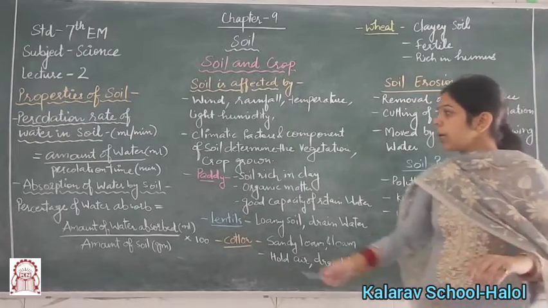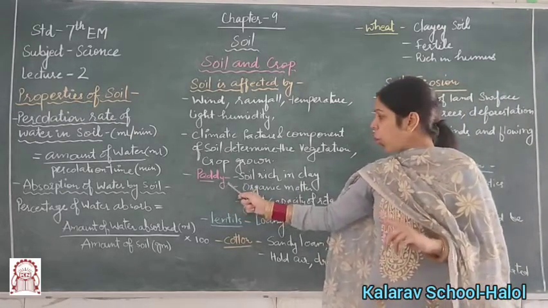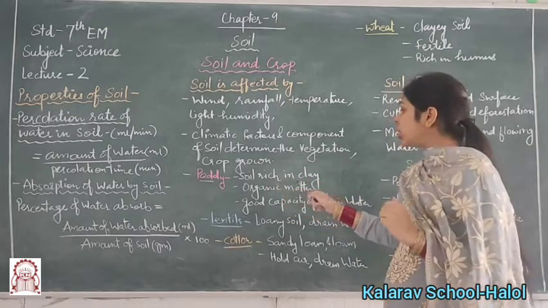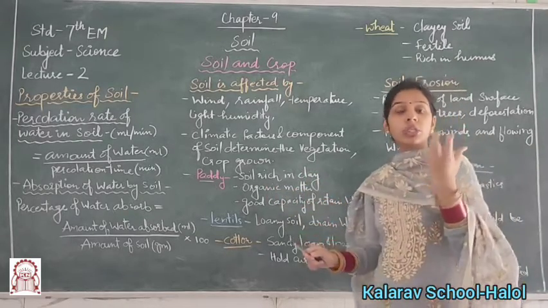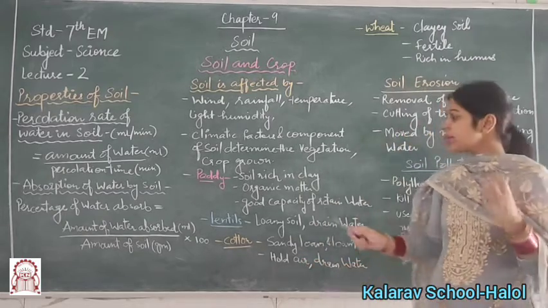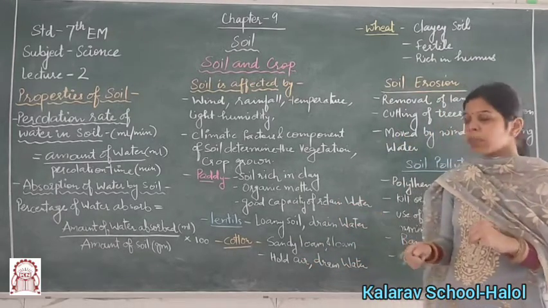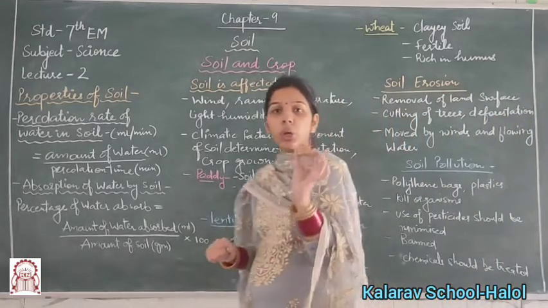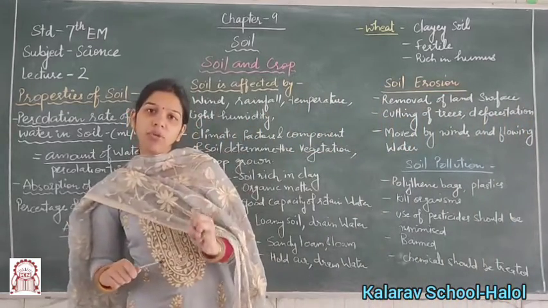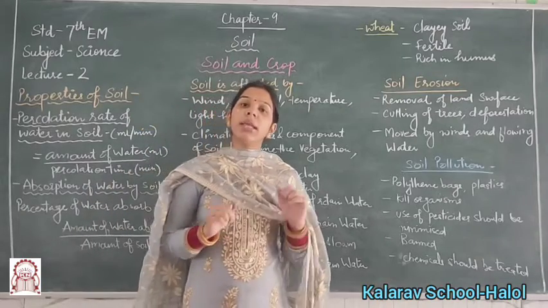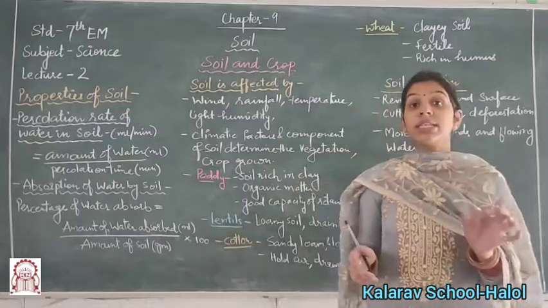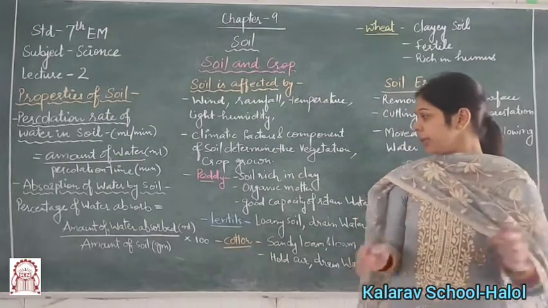For example, paddy is a crop which is grown in soil which is rich in clay, or soil that has organic matter in it. That soil also has a good capacity to retain water on its surface, which means it should have a low percolation rate.